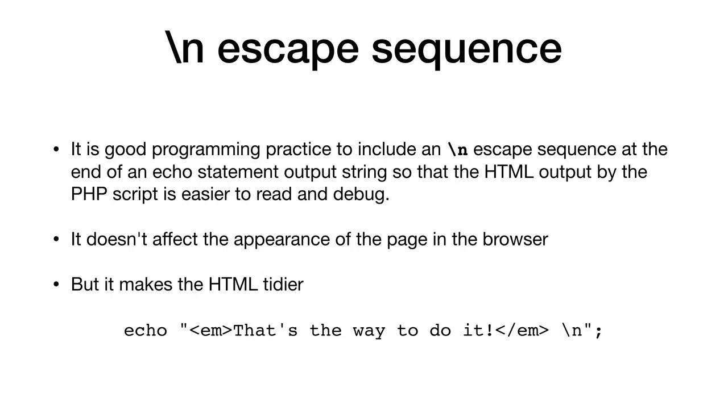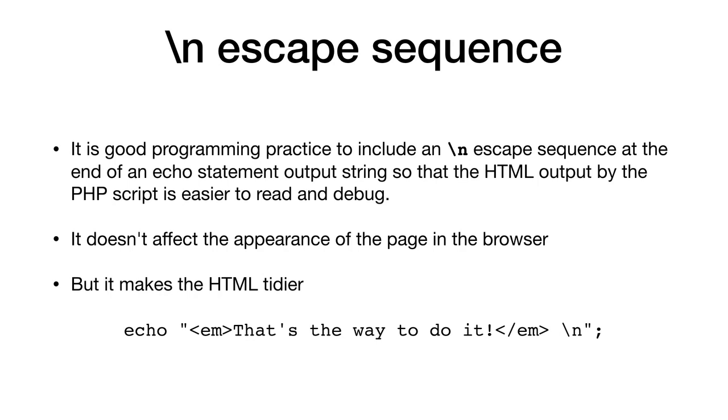There's a \n escape sequence as well, and that goes on to a new line. Okay, and it's considered good practice to put the \n at the end of a line of HTML so that it will go on to a new line.